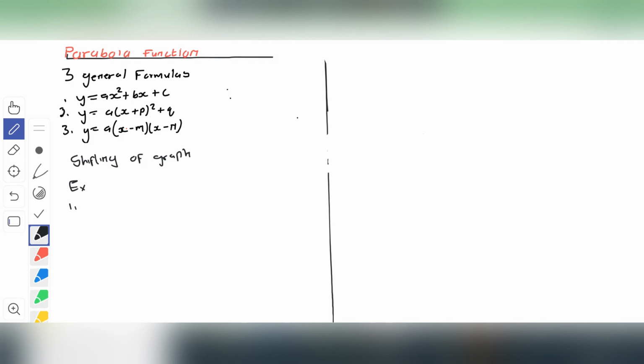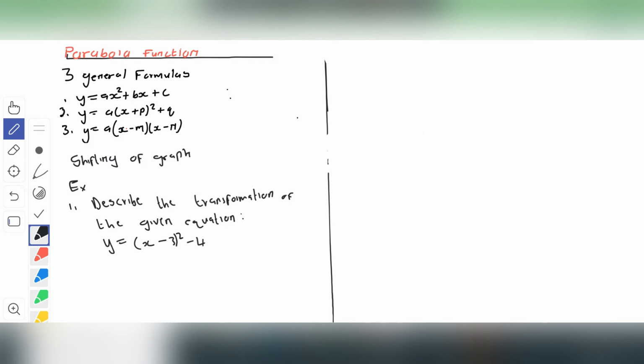The first question, let's firstly describe the transformation of the given equation, which is y is equal to (x minus 3) squared minus 4, right? Therefore, let's write the solution here.